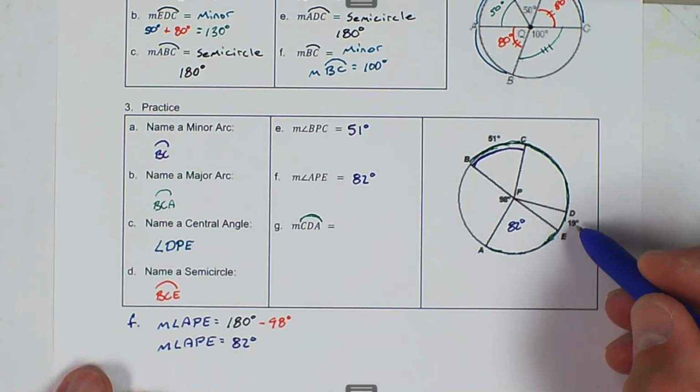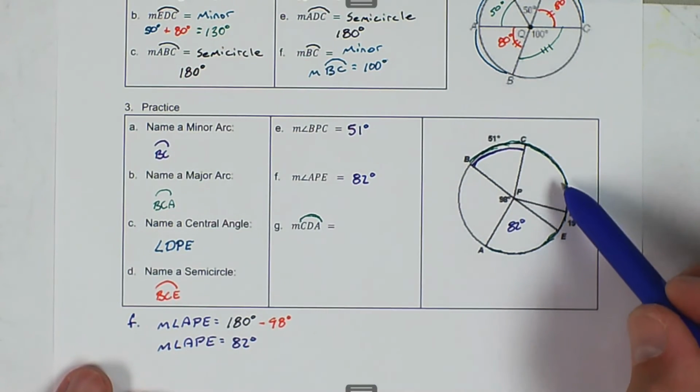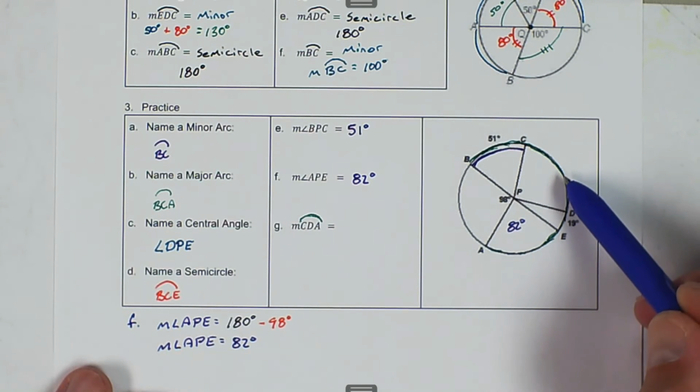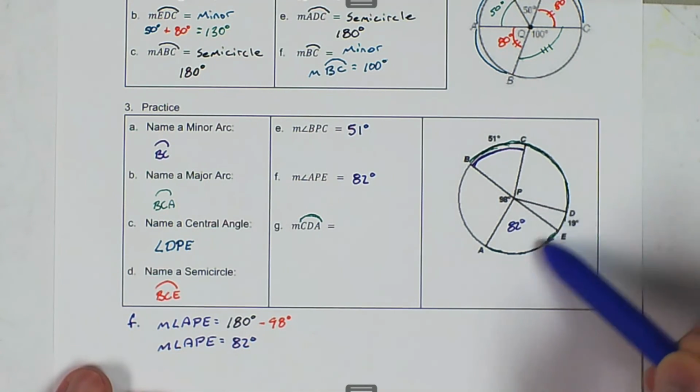And we can see that that's 19 degrees. So we just need to figure out our remaining angle here. So we have 51, 98, 82, 19. And we just have to figure out our last portion there. CDA.